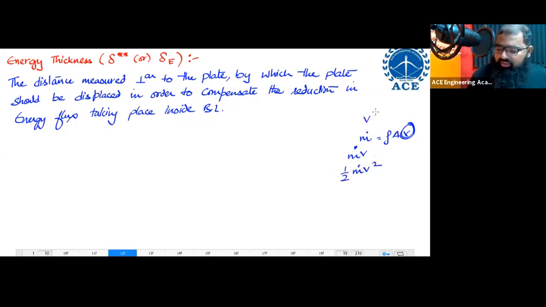If velocity is reducing, mass flux will reduce, momentum flux will reduce, energy flux will also reduce. All these things are getting reduced. For this, we have a compensating distance called displacement thickness. For momentum flux, we have momentum thickness. For energy flux, we have energy thickness. Okay, I hope it is clear now.